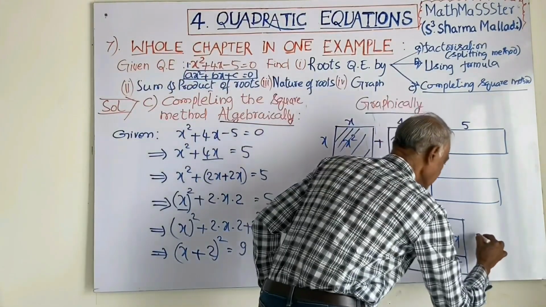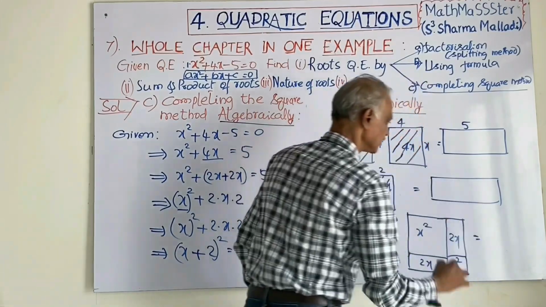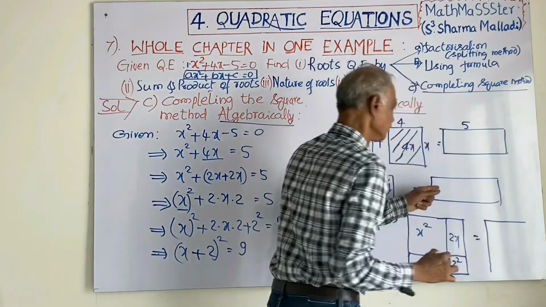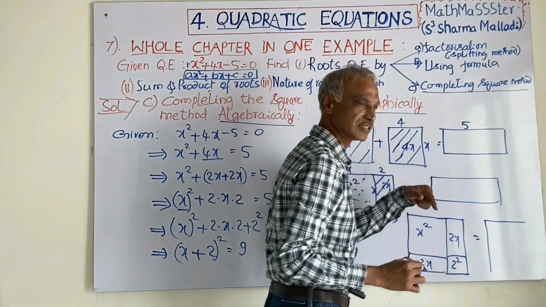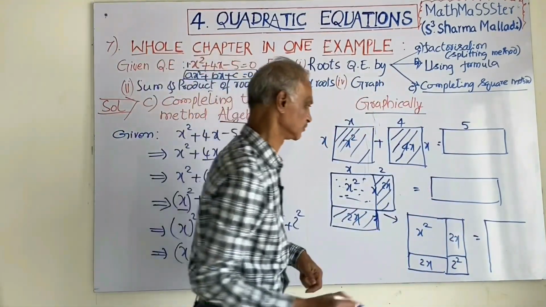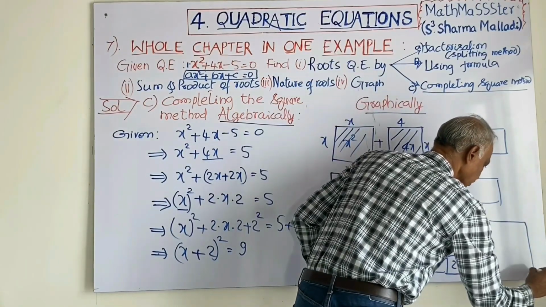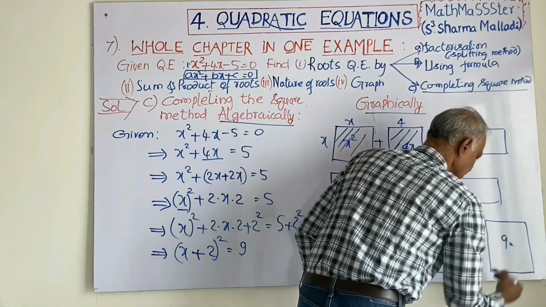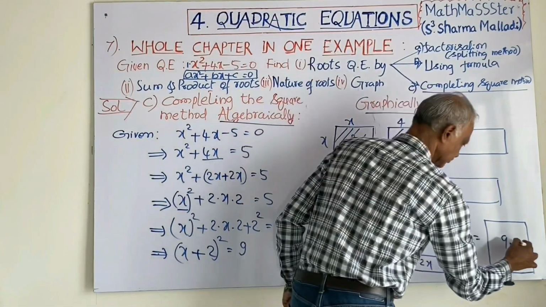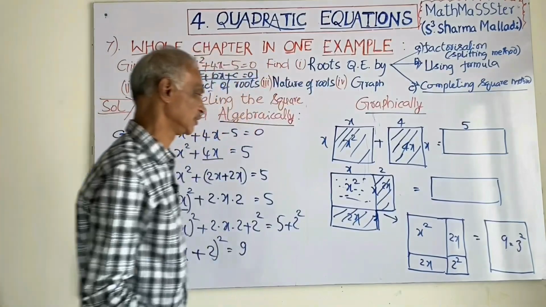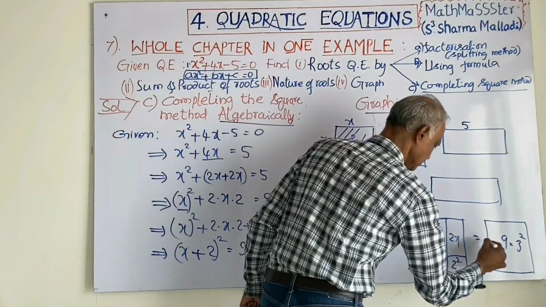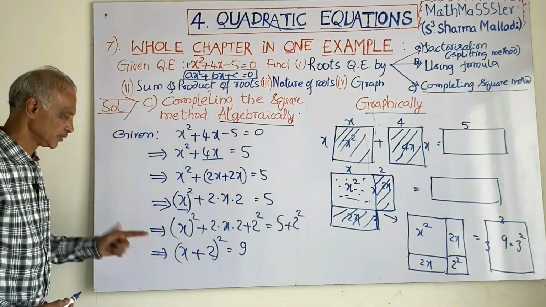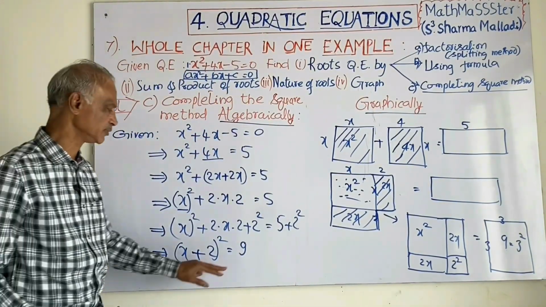What is RHS? This is 5, and 5 plus 4 is 9. This is 9 because this is 3 square. It can be written as 3 square. The length will be 3 and this is also 3. So x plus 2 whole square is equal to 9.